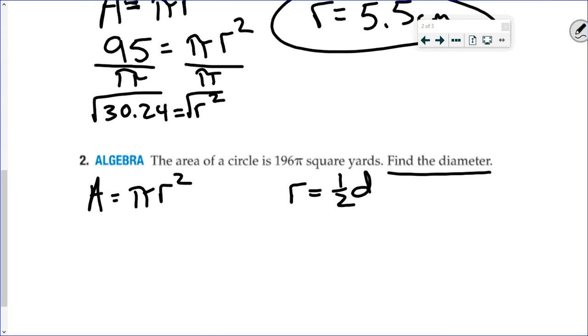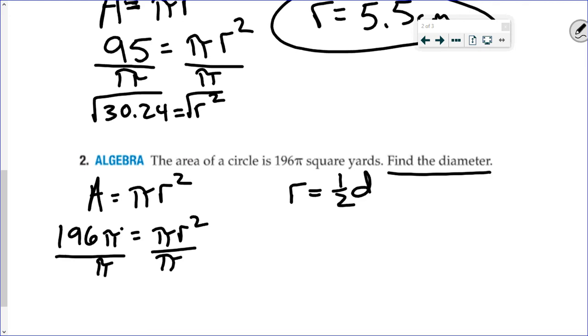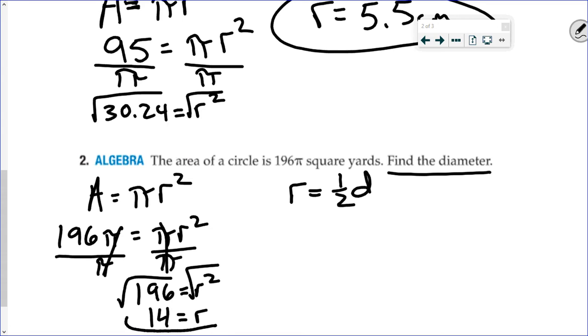So let's use 196 pi: the area equals pi times radius squared. When you divide by pi, the pi's cancel on both sides. So you have 196 equals r squared. Square root both sides. The square root of 196 is 14, equal to the radius.